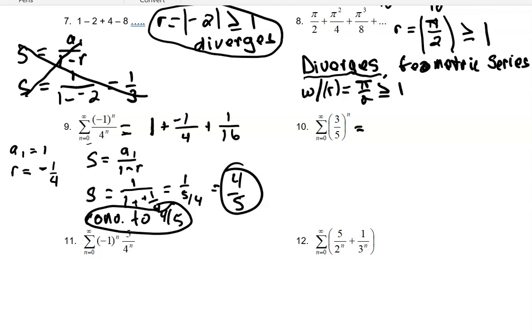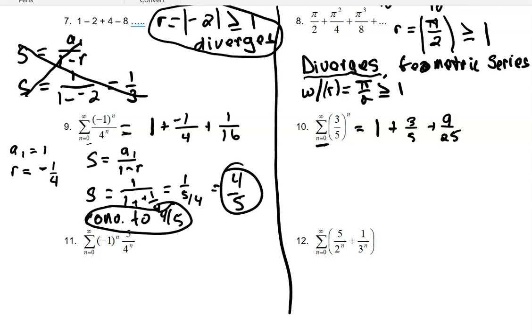10. I'm going to write out those first few terms again. If n is a 1, anything to the first power would be a 1. If I let the n value be 1, now I get 3/5 to the first power, so that's 3/5. If n is a 2, I would get 9/25, so on and so forth. So what we should hopefully then be able to identify is our first term is a 1. And to go from 1 to 3/5 and then 3/5 to 9/25, our common ratio is 3/5.